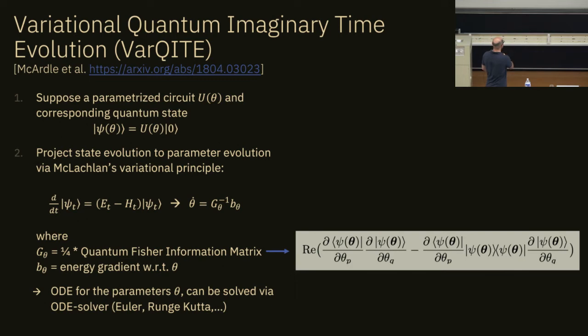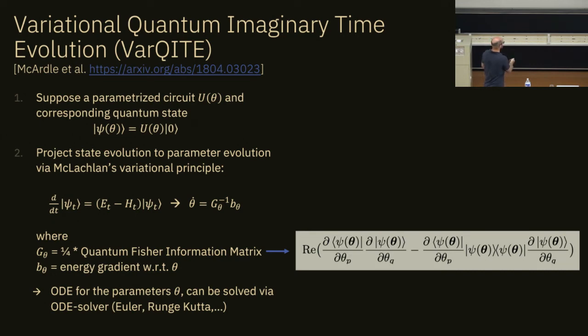And this leads you to a differential equation for your parameters. So then you can really evolve the parameters, and you move through your parameterized state or parameterized space here, and you approximate the imaginary time evolution with that. Now here it's just theta dot, so the time derivative of theta is given by this inverse matrix and this vector, and they are given by, or proportional to, the quantum Fisher information matrix and the energy gradient of your state.